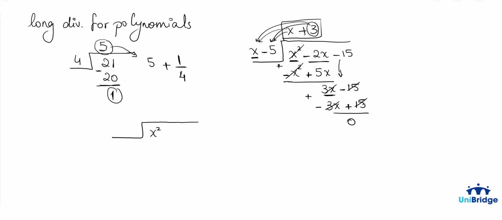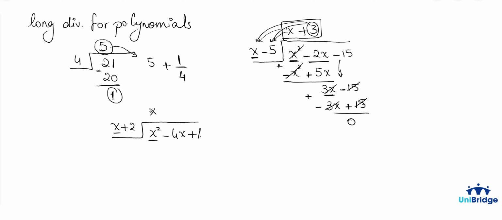Let's take another example where you were not dividing by one of the factors. So let's take x squared minus 4x plus 1 divided by, let's say, x plus 2. So again, we have our three steps. First, we divide the first term here by the first term here. So x squared divided by x is x.